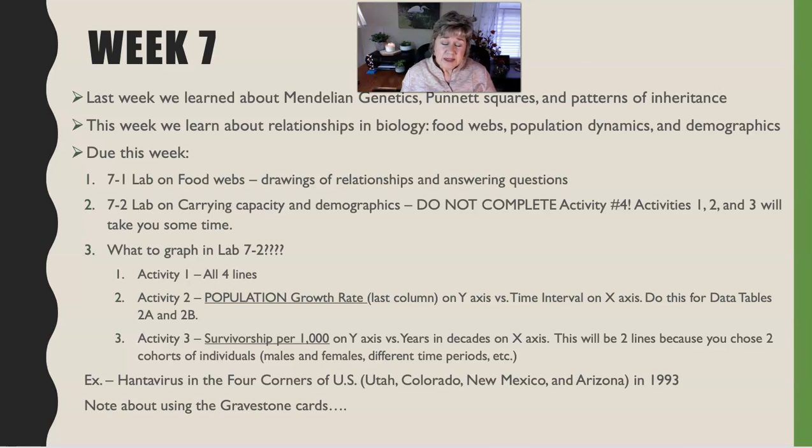So the CDC started investigating this. Well, when they started asking questions about it, where these people had been, what had they done, where did they live, what were their activities, what foods did they eat, you know, they have to ask all kinds of questions in order to figure out what was happening.